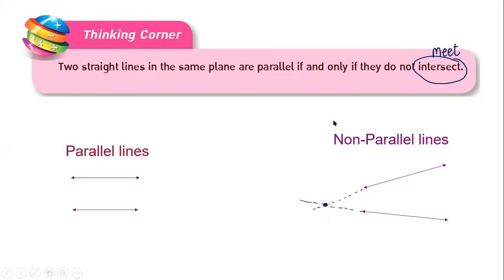But these two lines, we say that they are parallel lines. Why? Because the distance between them is the same. In other words, they will never meet. So I hope you have understood what we call parallel lines.